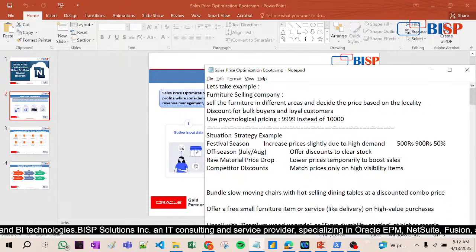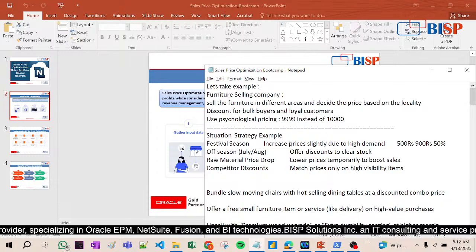But when an ordinary person or a common man comes, they know that he will negotiate. So they will make the price double, and as usual they have to negotiate with the ordinary people. So this is called price optimization.